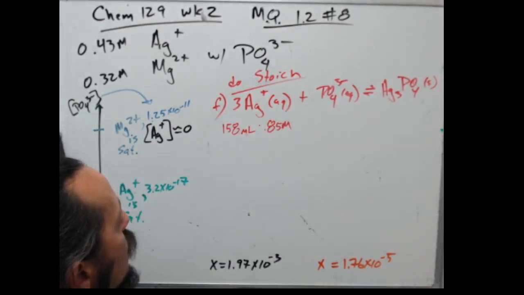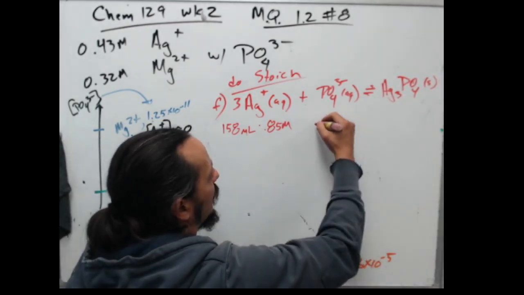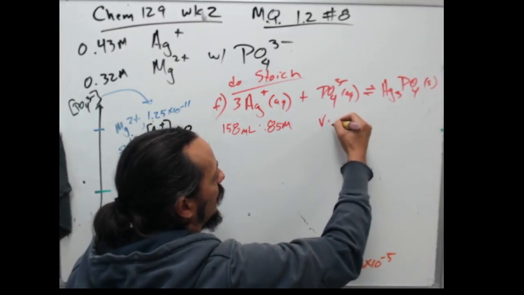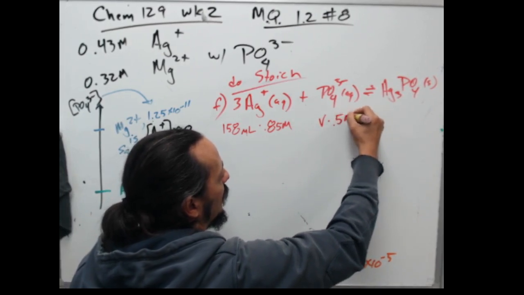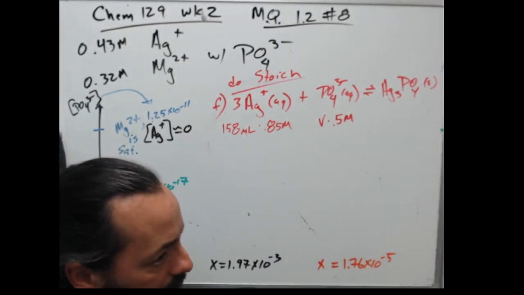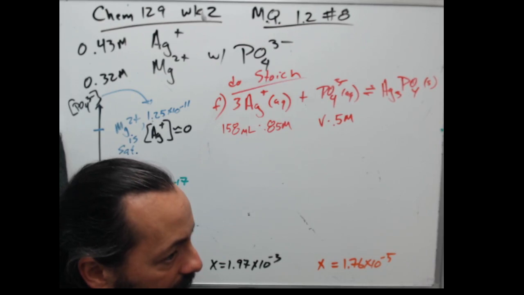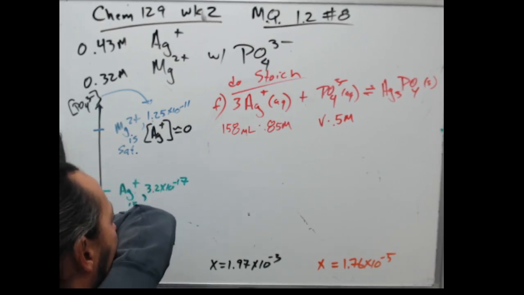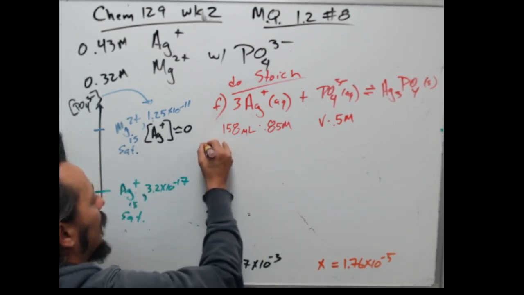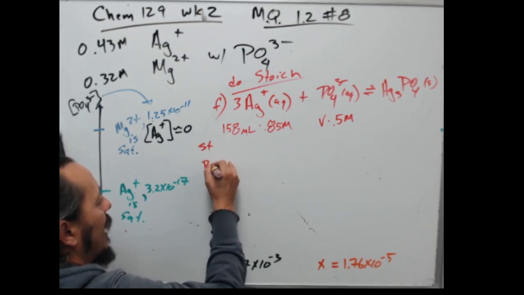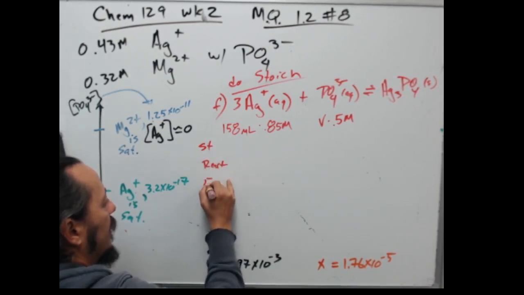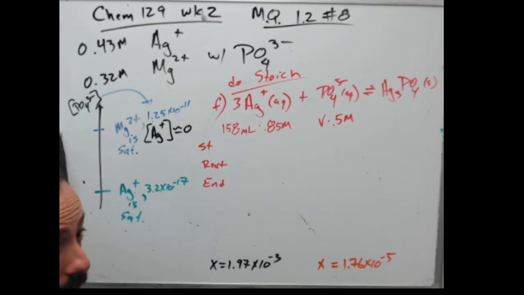And then I'm going to have some volume of 0.5 molarity phosphate that I want to add so both of these things completely react. So I'm going to do this as a start, react, end, doing it as a stoichiometry problem.